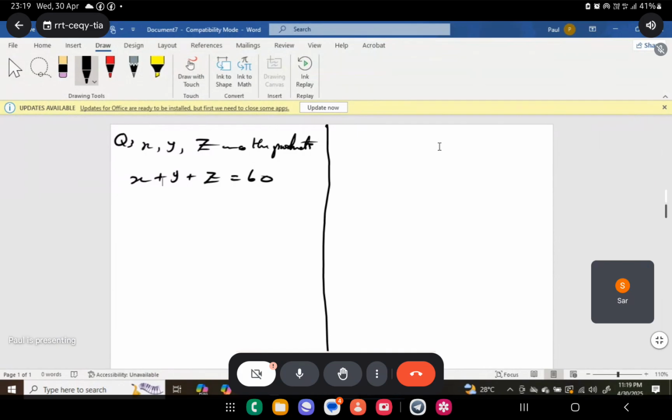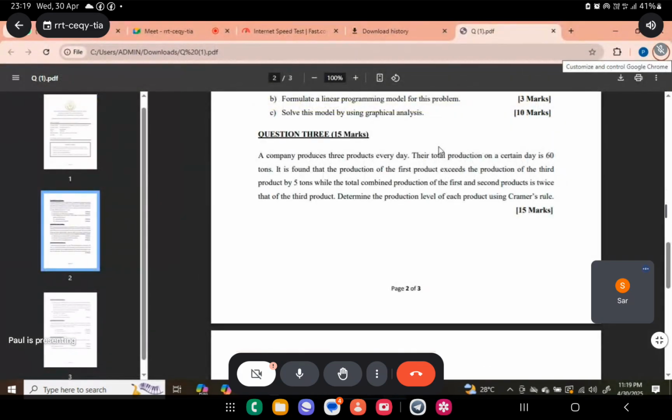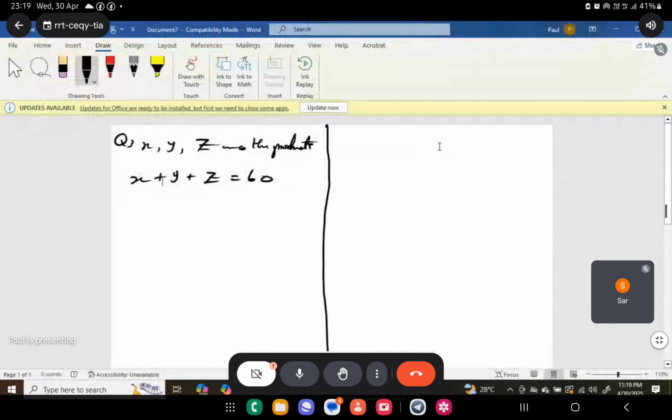And they are saying that it is found that the production of the first product exceeds that of the third product by 5. So it means that the first product, which is X, is greater than the third, which is Z, by 5. So when you subtract Z from the first product, you get 5.